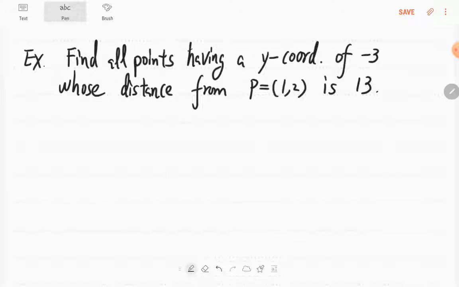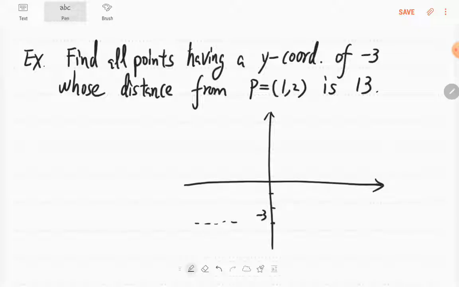Okay, let's draw a graph to help you understand this problem. So this is the y coordinate -3. 1, 2, 3. So this is -3, right? All the points on this horizontal line have the y coordinate -3. And this point P, which is (1, 2).